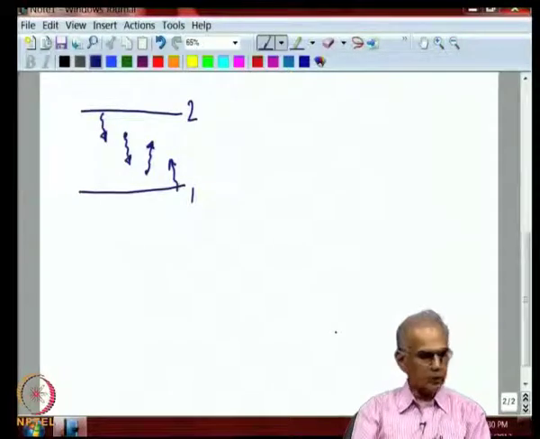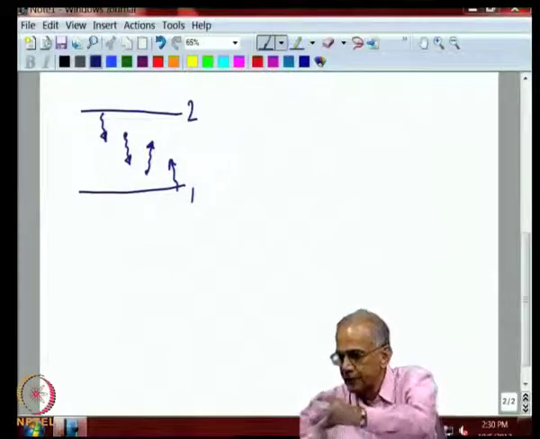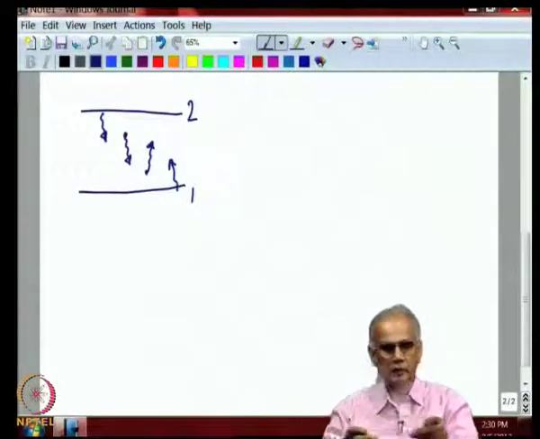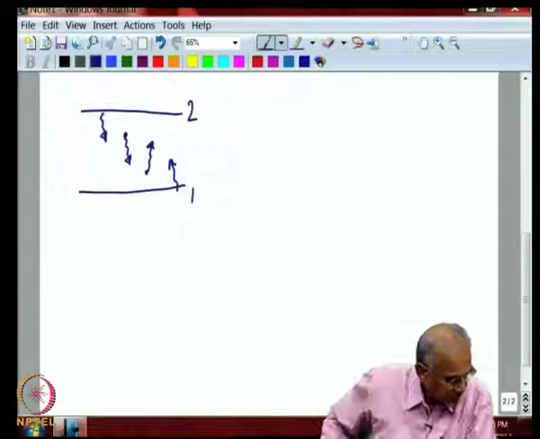And so, just to remind you, I will write the flux expression. So, the flux expression had 4 terms.